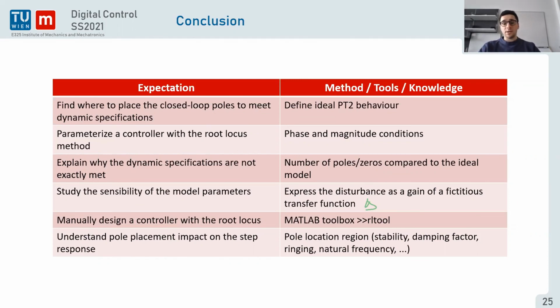Also, if I'm close to -1, I can have ringing, and all these elements are really important, and you can use this Matlab toolbox RL tool to investigate where you're placing the poles and how the step response, for example, is changing, and so get some kind of intuition. This is really important: if I move the pole to the left, to the right, or change the imaginary part, how is it going to change the damping factor, the frequency, whatever. This is really nice to play with.